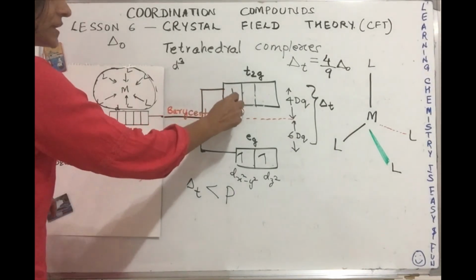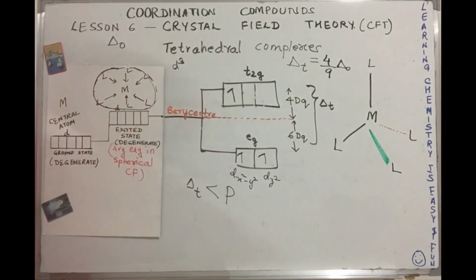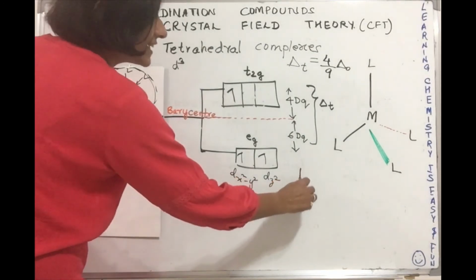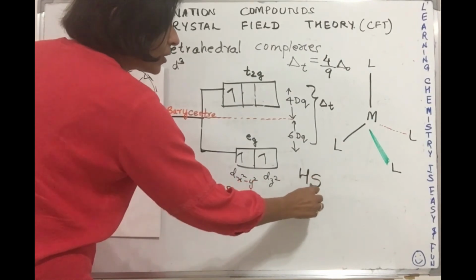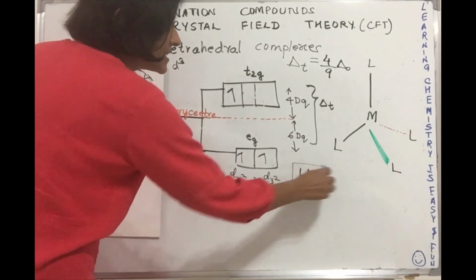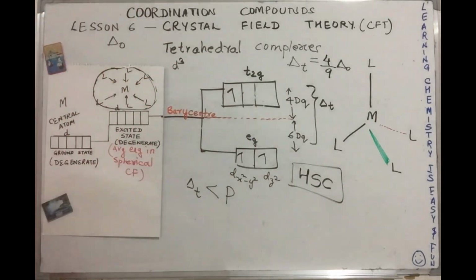So anyway, the electron enters into the T2G. So what type of complexes are these? Yes, they are all high spin complexes, which I have written in short form as HSC, just for easy recall.